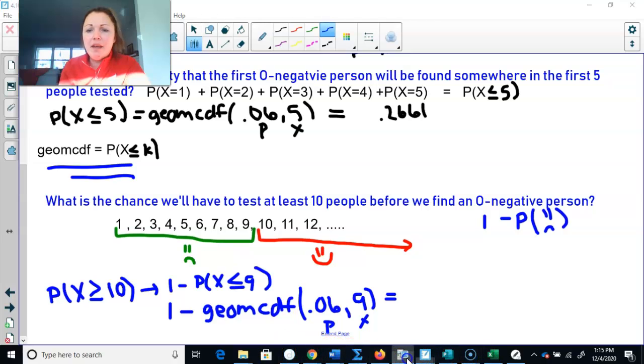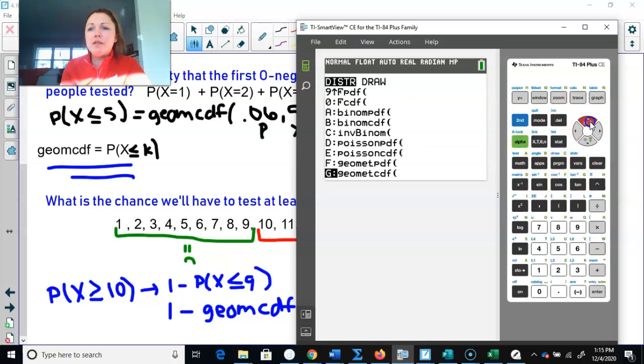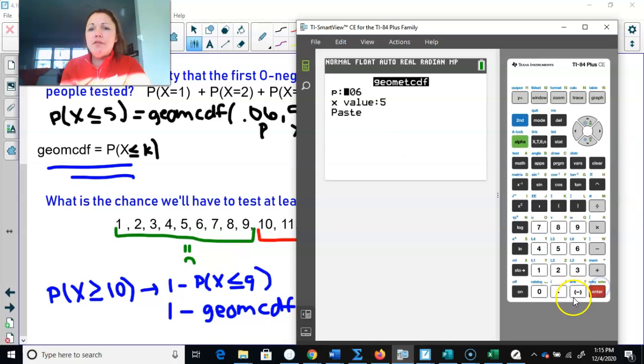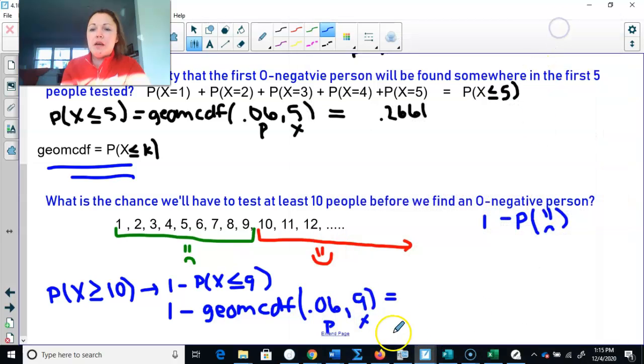Let's go to my graphing calculator and do that together. So 1 minus geom, so second vars, CDF 0.06. We're going to change this to a 9. We are going to paste. And we have 0.5729, so 0.573.